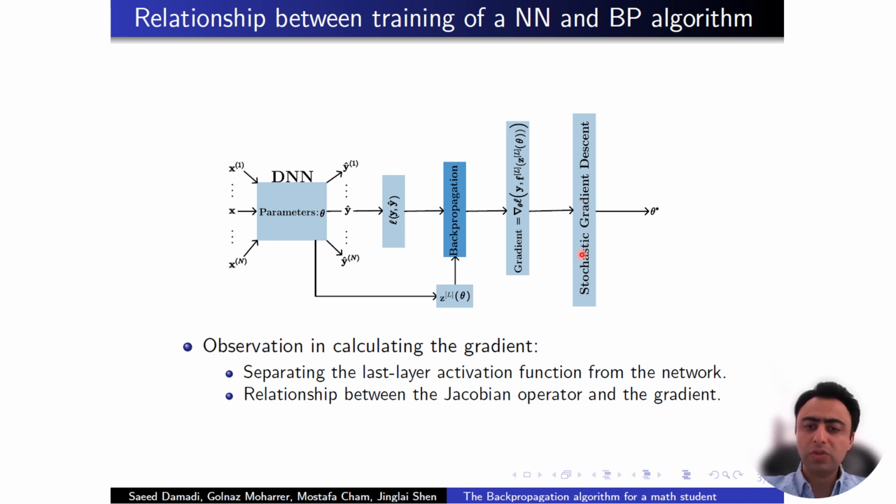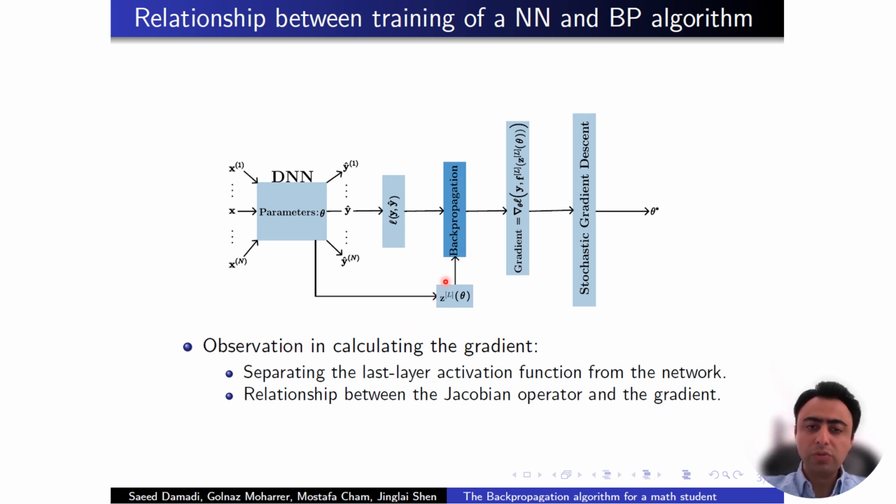Because we want to use stochastic gradient descent to get to a local minimizer and have a trained network. Backpropagation comes into the picture when we want to calculate the gradient of this loss function. Although it is a scalar function, it might be a huge function with many parameters, so calculating the gradient is a bottleneck in training a neural network. That is why we use the backpropagation algorithm.